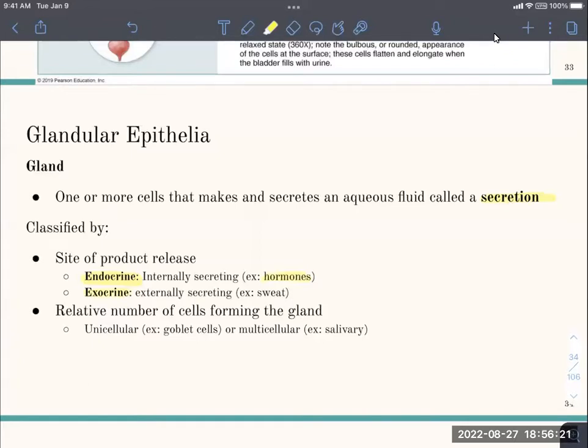And they usually have a relative number of cells that form the glands. They can be unicellular, like those goblet cells that we looked at in the intestines with that pseudostratified columnar epithelium, or they can be multicellular, like your salivary glands.